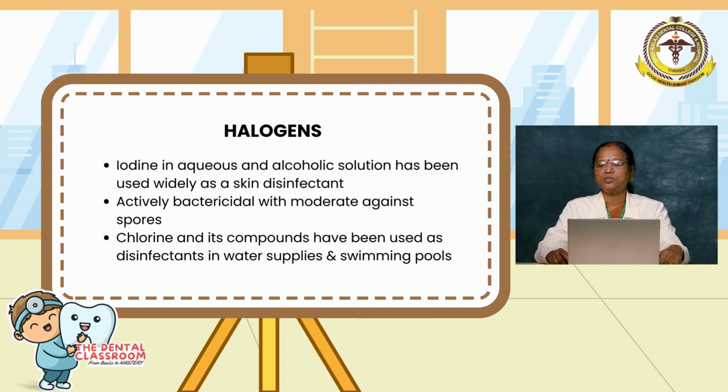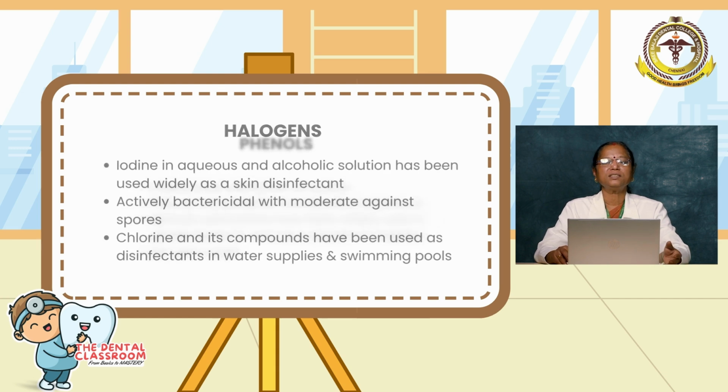Chlorine and its compounds also have an excellent effect. All of you know the metro drinking water supply always uses chlorine for preventing contamination with pathogens. And swimming pool water supplies use chlorine in the form of hypochlorite.